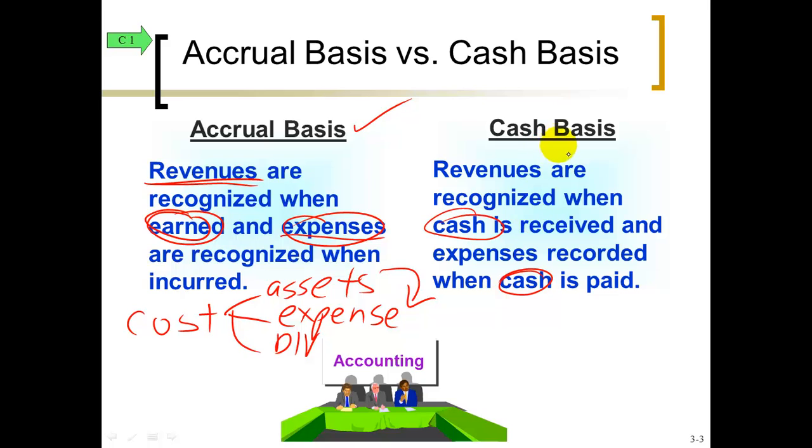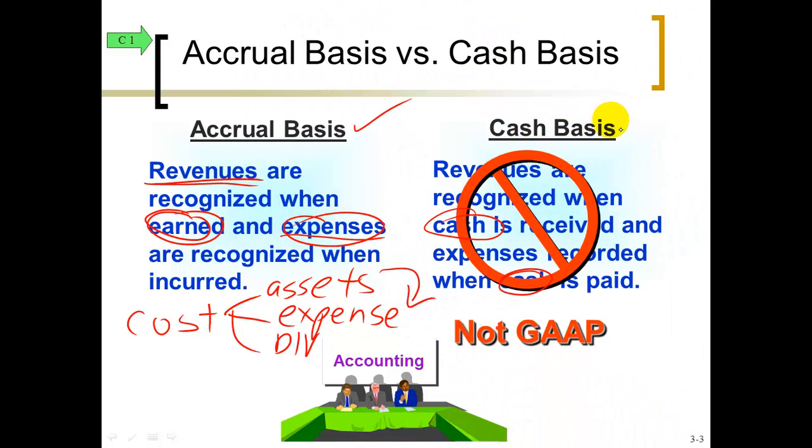But cash basis is not acceptable for most business financial statements. It is not a generally accepted accounting principle. So what we're learning and applying throughout the whole semester is the accrual basis method of accounting.